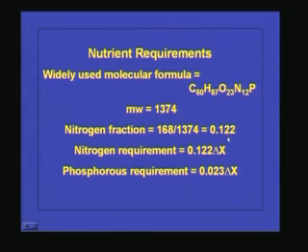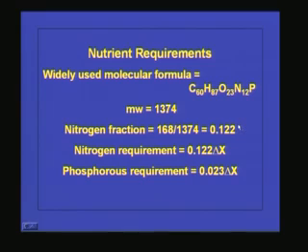That means if you take 1 gram of biomass, it will contain 0.122 grams of nitrogen. So if you want to generate cells in a system, apart from carbon, hydrogen and oxygen, which we are supplying anyway, we have to supply enough nitrogen and phosphorus to the system, otherwise cell growth will not be proper or will not take place.